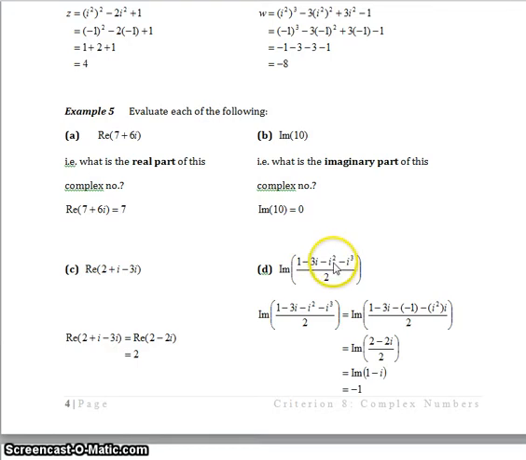I squared is negative 1, and so minus i squared becomes minus negative 1. As we work through and simplify that, it comes to 2 minus 2i over 2. We can take a factor of 2 out, which will cancel with the 2 in the denominator, and we're left with 1 minus i. And so the imaginary part of 1 minus i is negative 1.